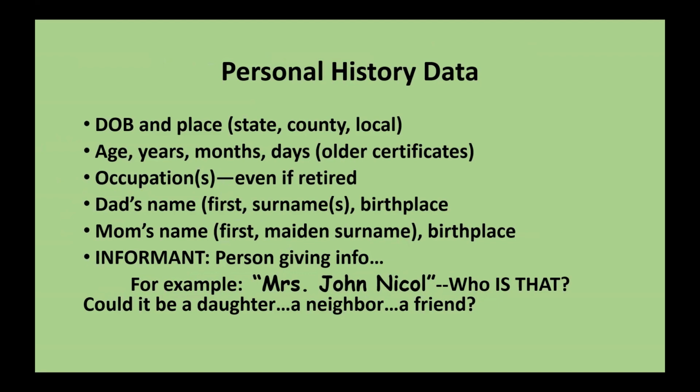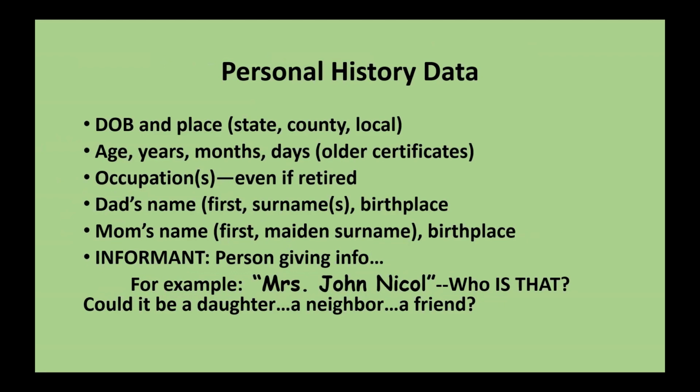I happen to have an informant, a person in Michigan. It said Mrs. John Nickel for my great grandmother's death. Mrs. John Nickel was the informant. Well, I was pretty confused because I knew that her daughter was living around her.